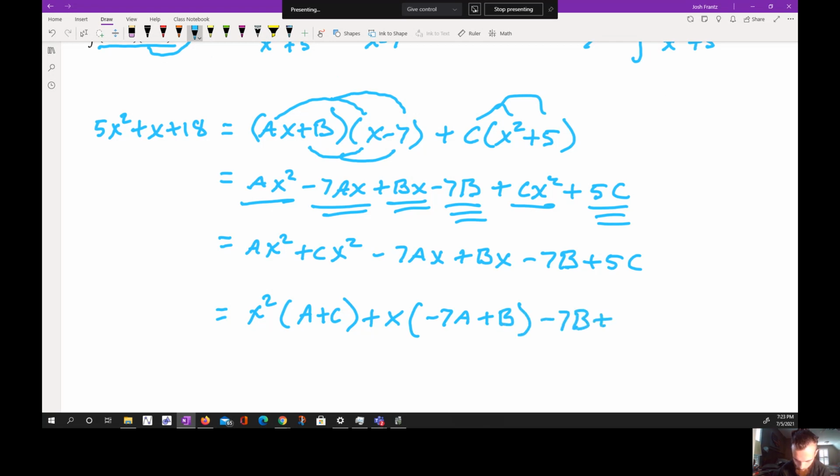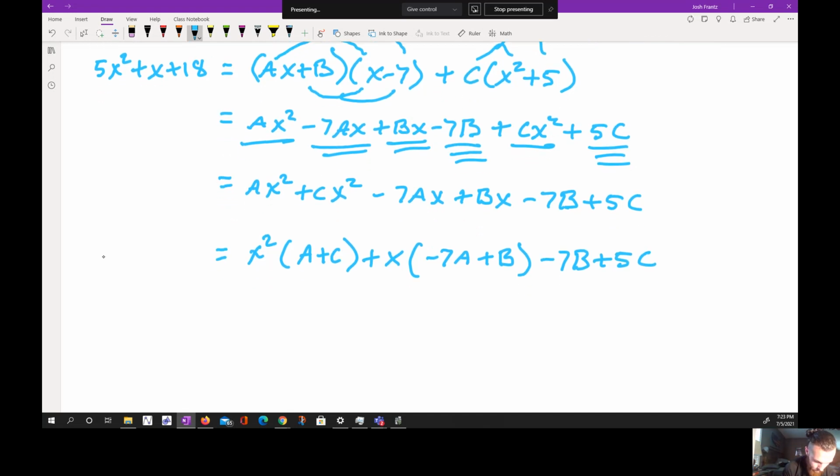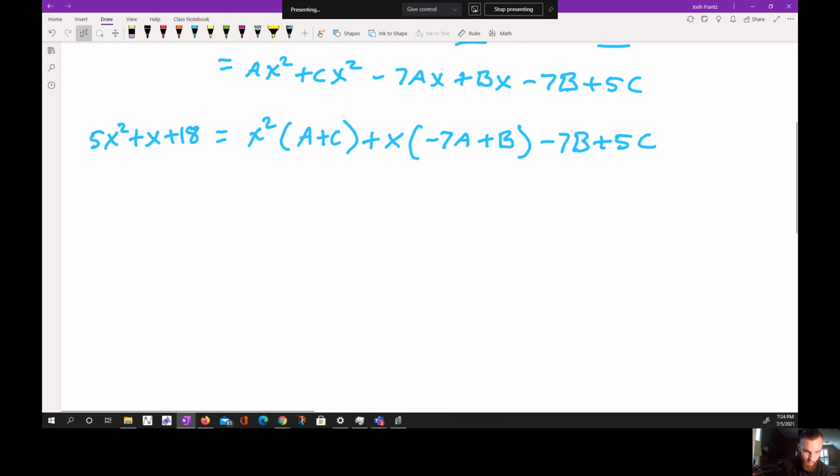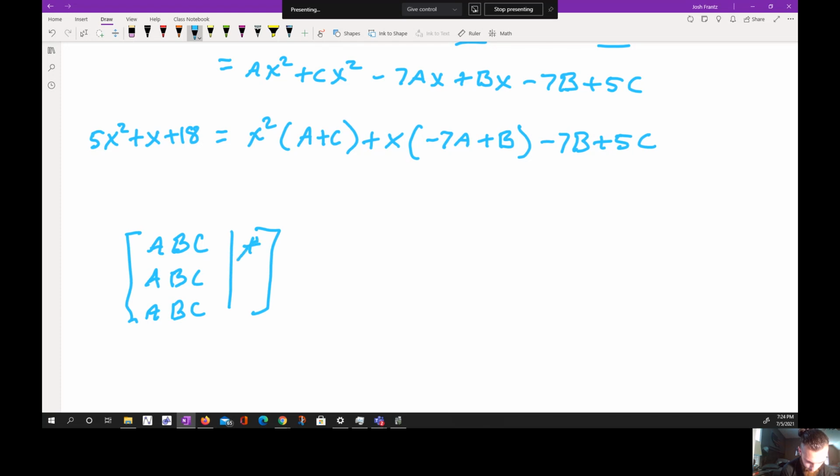We don't need to factor out any x's, so we'll just leave them without parentheses. And I'll rewrite what it's all equal to. All right, perfect. So now we're ready to go ahead and create a matrix. And I always write the general case, it reminds me where everything needs to go. We'll have a 3x4 matrix.